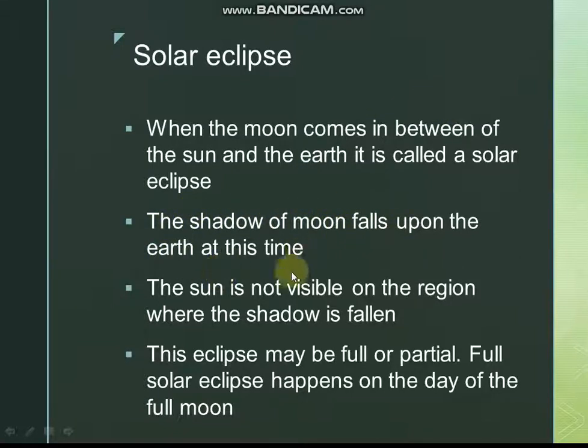The sun is not visible in the region where the shadow has fallen because the moon covers the whole sun. At the time of a full solar eclipse, you can see the outer border of the sun, which is very harmful. This eclipse may be full or partial. Full solar eclipse happens on the day of the new moon.